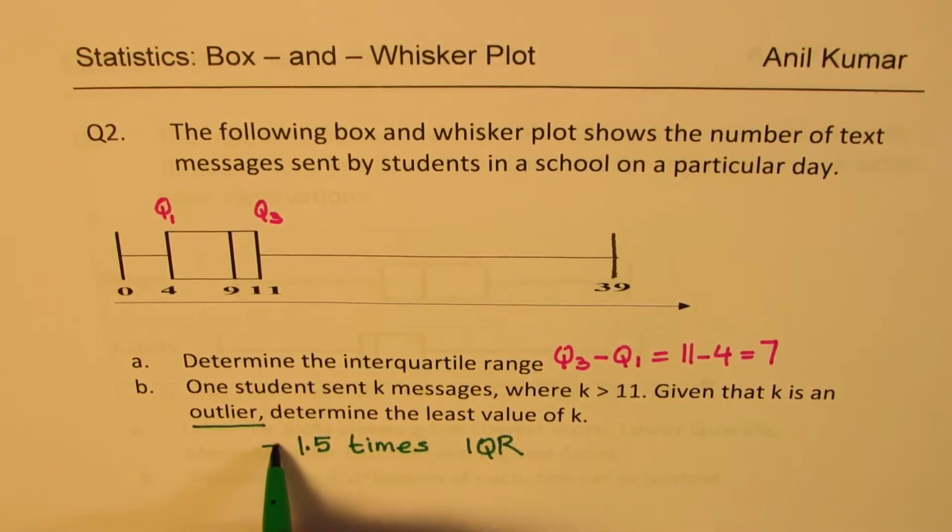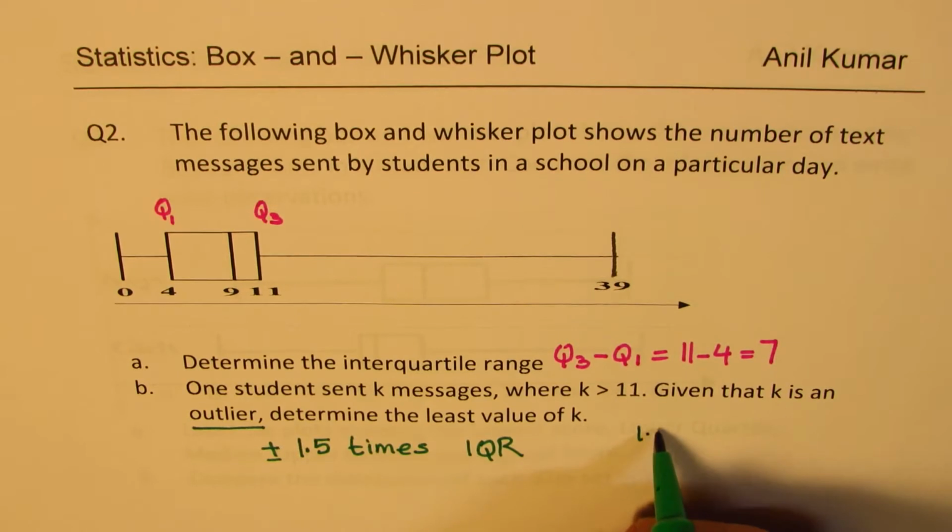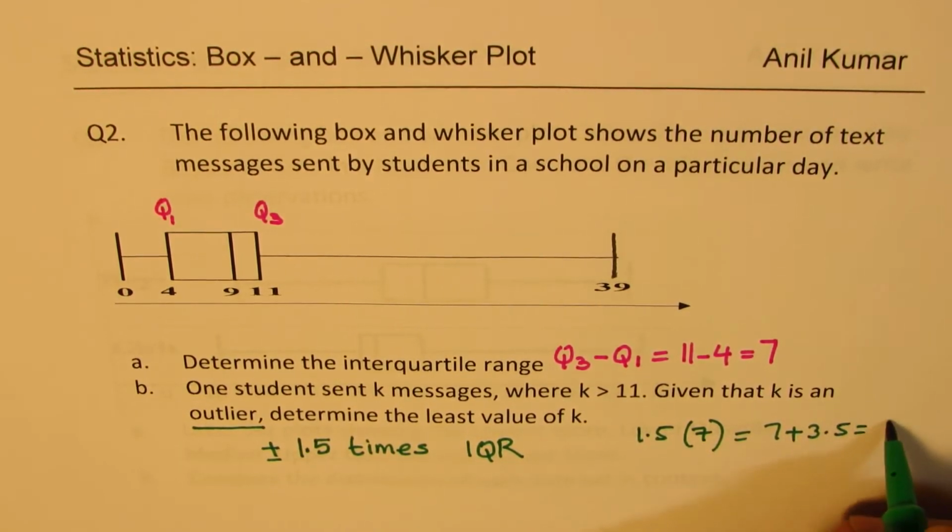So that value plus or minus. So that is what outliers are. In our case, the interquartile range is 7, right? So what is 1.5 times 7? That is what we are looking into, right? So basically, we are looking into 1.5 times 7. Half of 7, so that would be 7 plus 3.5, correct? So which gives you a value of 10.5.